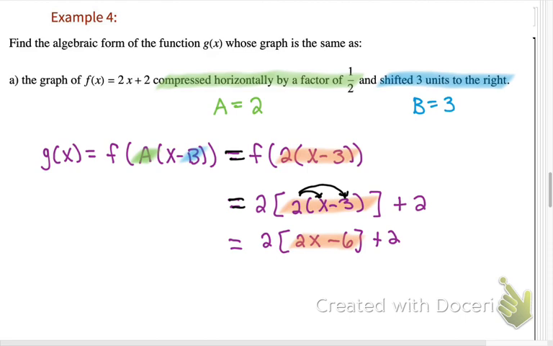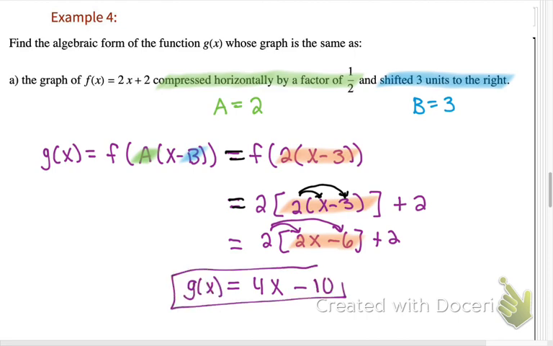Now, the very last step here would be to distribute the 2 into that set of brackets, or my outermost set of parentheses, and then add 2 when I'm finished. 2 times 2x is 4x. 2 times the negative 6 is negative 12, but then I have that extra plus 2 on the back. I end up getting 4x minus 10, and that is my g of x.